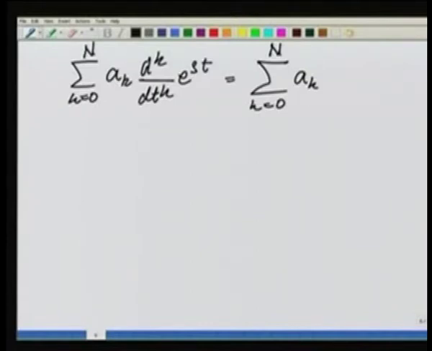So, we have a_k times s to the k e to the st.